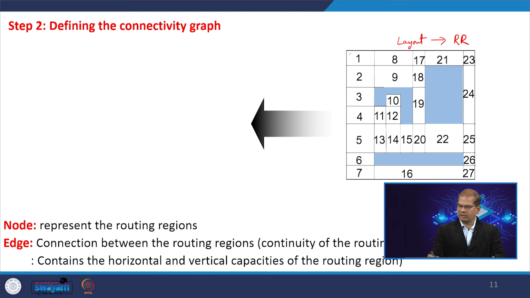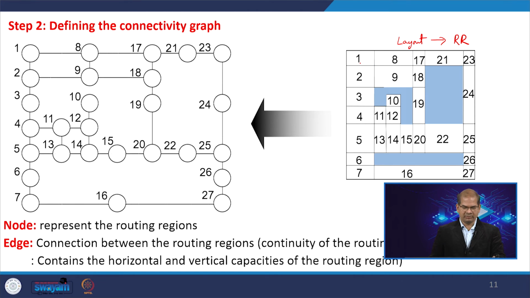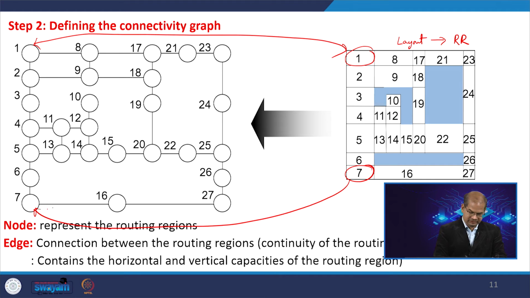For each of the routing regions we have a vertex. For example, this one is a vertex, and this one is a vertex. So the nodes represent your routing regions.